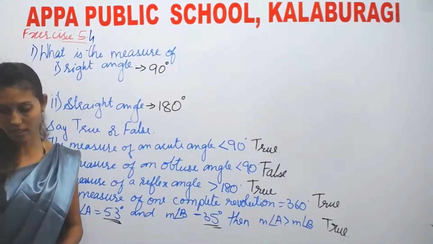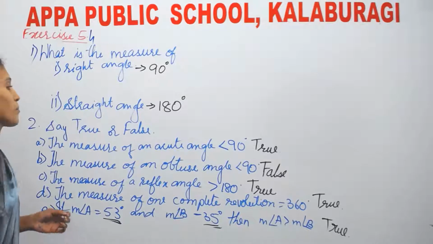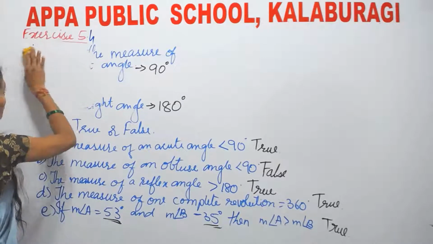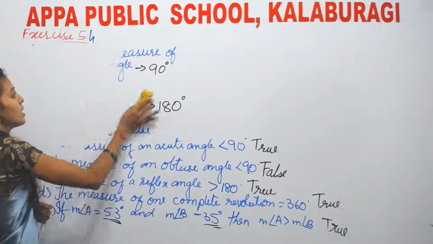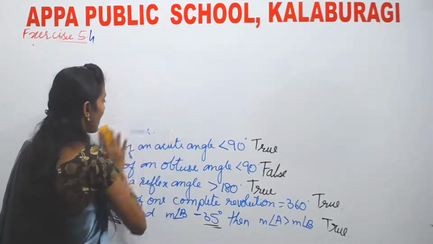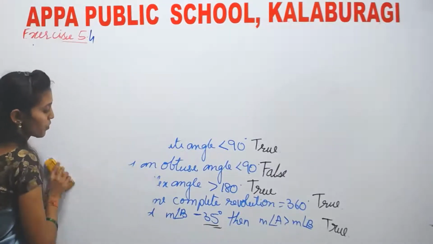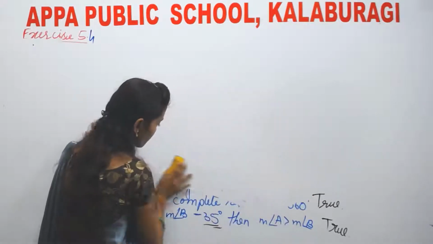Now, next, it is your work that you have to write down some measures of acute angle and obtuse angle. You can write it by yourself. More than 0 degree and less than 90 degree, means from 1 degree to 89 degree, all are acute angles.